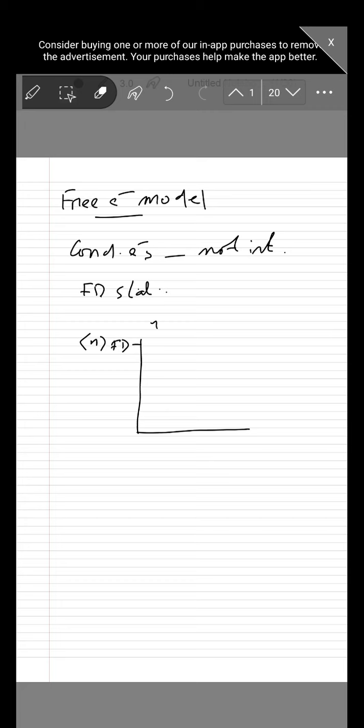Up to 1, the occupation index corresponds to absolute zero temperature, that is kT equal to 0, and if the temperature is a little higher, it follows a shape like this. Here we have E by mu, where mu is the chemical potential, and this corresponds to kT equal to 0.05 mu.